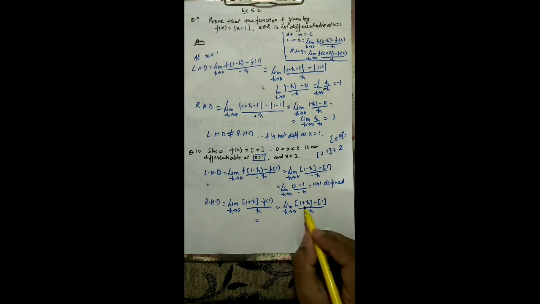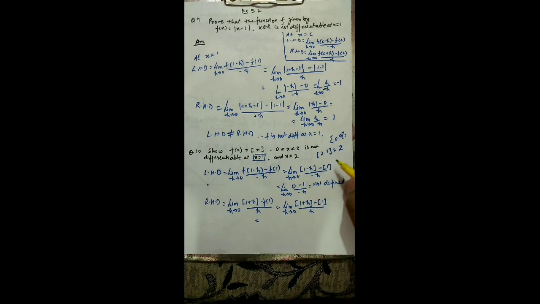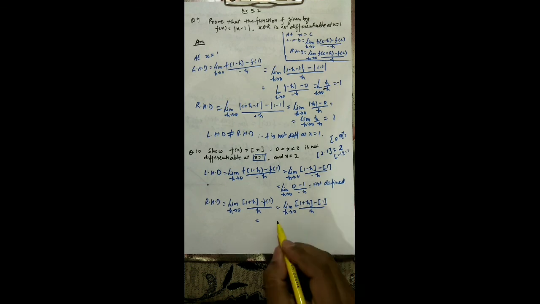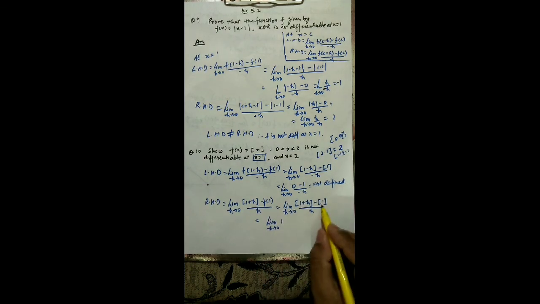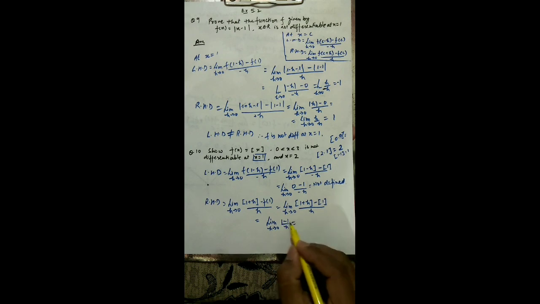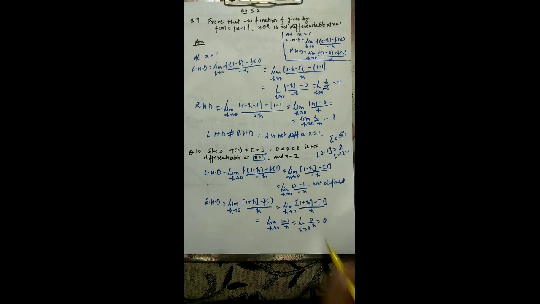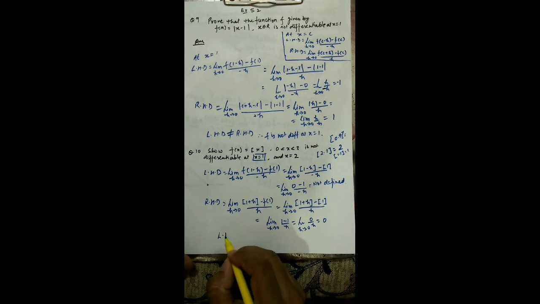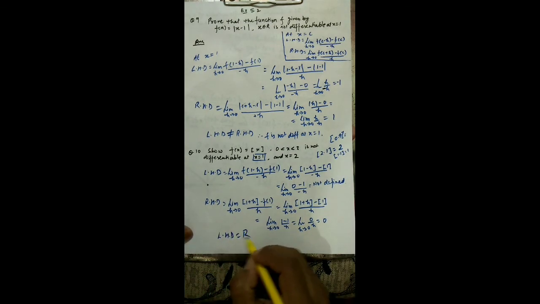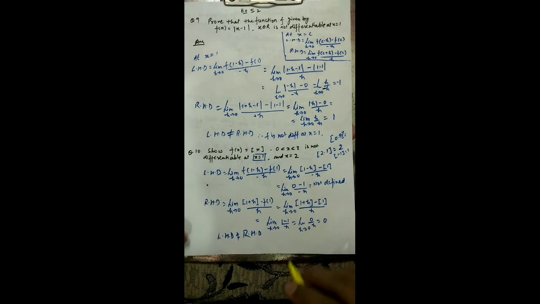You know 1 plus h means 1.1 something, and its greatest integer is 1. So this will become 1 minus 1 upon h, so limit h tends to 0 of 0 upon h. So the answer of this will be 0, since 0 divided by any quantity is 0. You can see that the left hand derivative is not equal to the right hand derivative. So f is not differentiable.